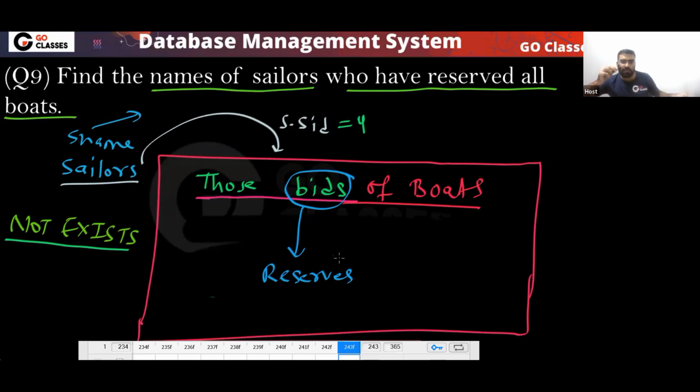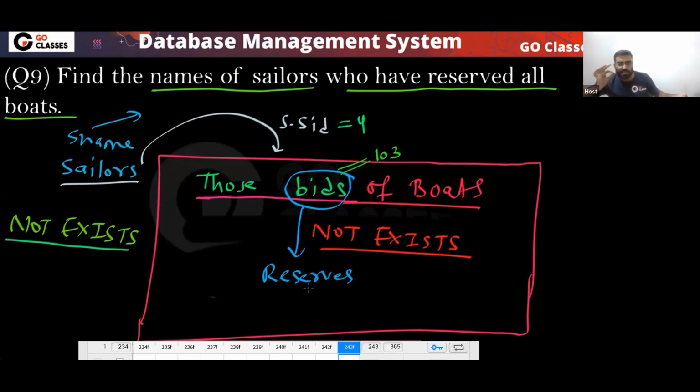And what I am looking for, see, those BIDs for which this row does not exist. Let's assume the BID you are taking is 103, one by one we are sending it.